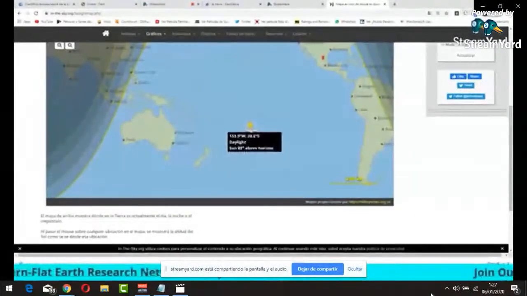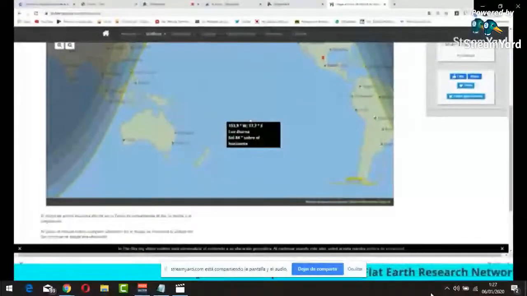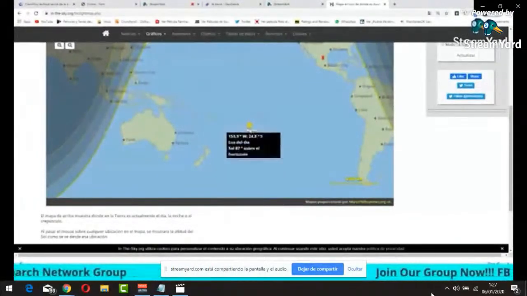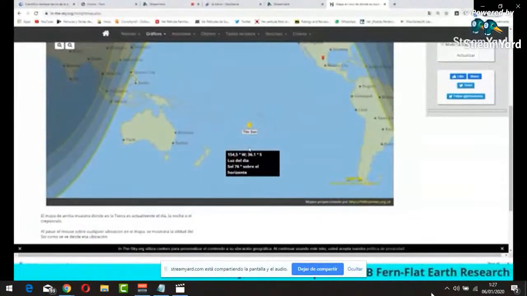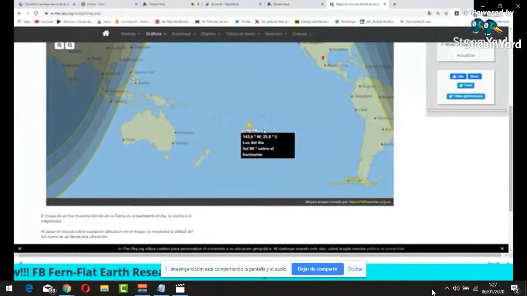How can the sun be here if you say the sun is 149 million miles away? Why do all the observatories of the world show the sun in a place like a very close thing? They say the sun is here, 153 west, 22 south, and we think probably they are right.